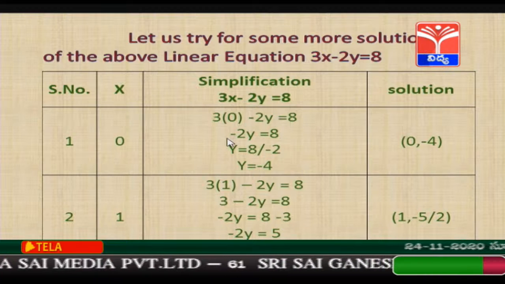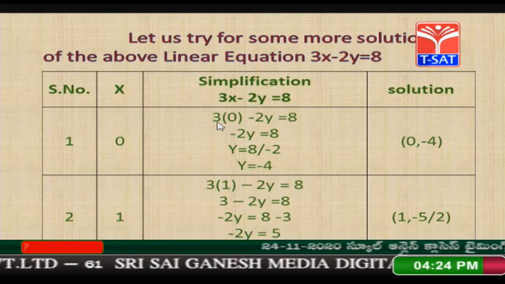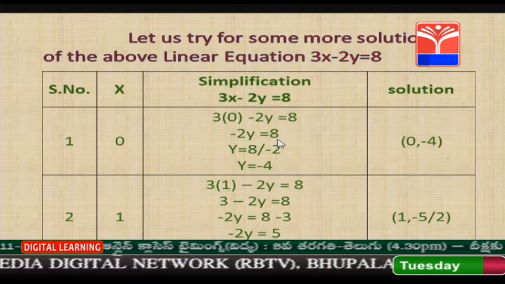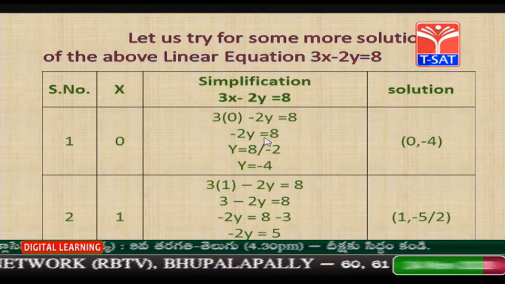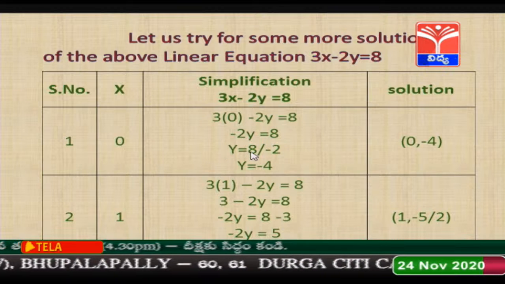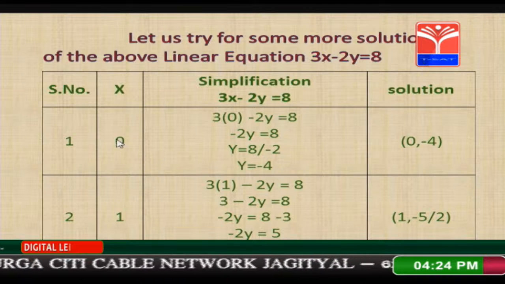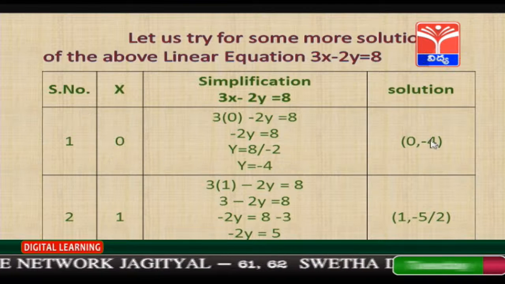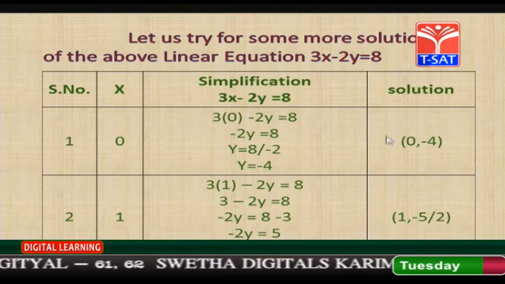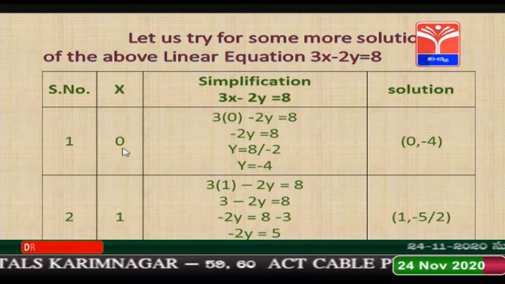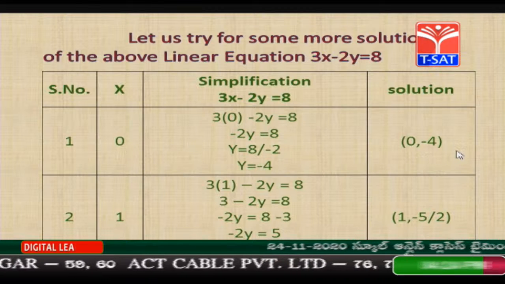My 3 into 0 is 0, so there is no use of writing it again. Of course, 0 minus 2y is equal to 8, or minus 2y is equal to 8. That means y is equal to 8 by minus 2, y is equal to minus 4. That means my solution set is (0, minus 4). Are you clear now? When I take x value 0, I am getting y value as minus 4.